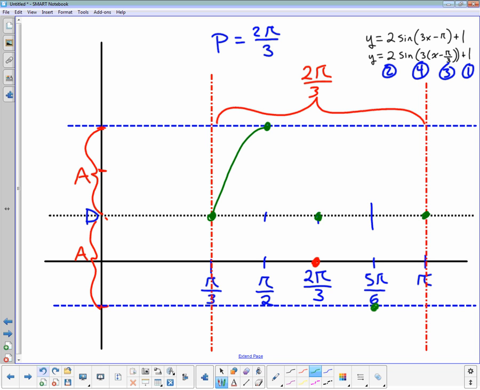Then keep your eyes not on this point, but on that point, and go tangent to it. And then come up. What I don't want to see is this. I do not want to see sawtooth waves, or triangular waves or anything like that.